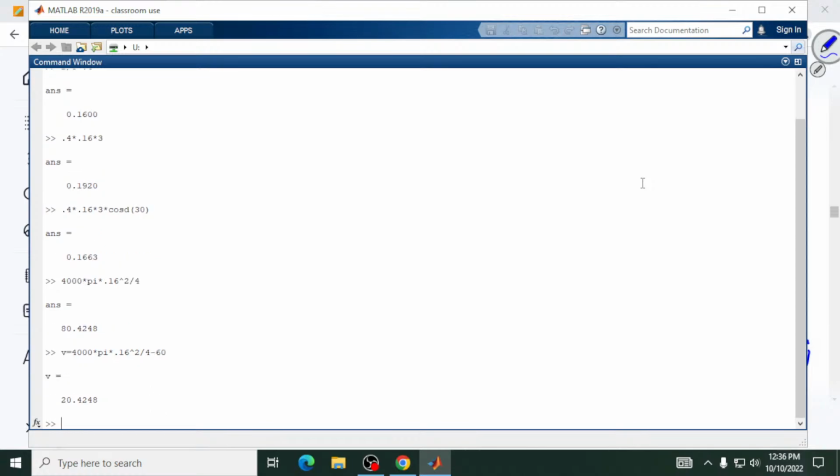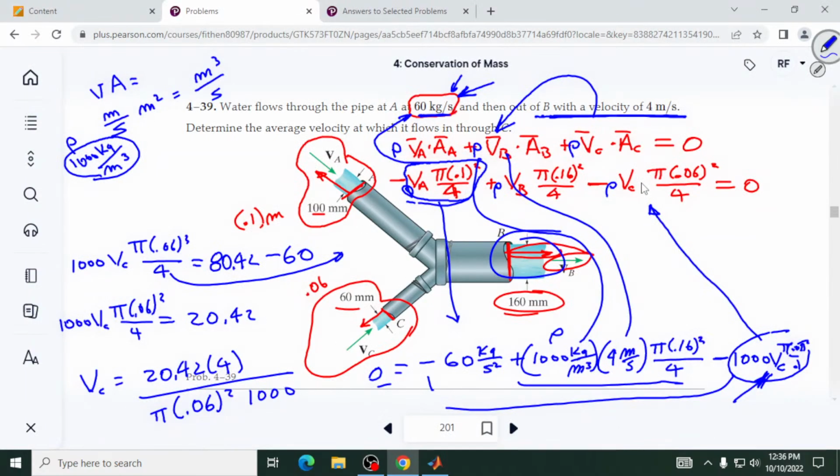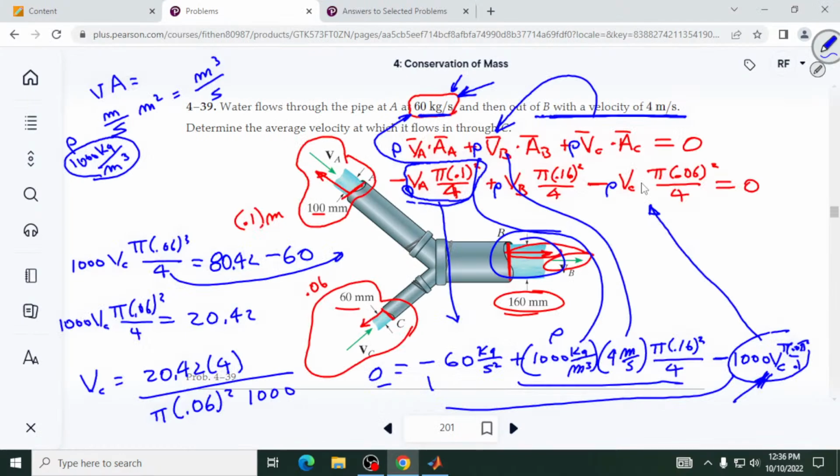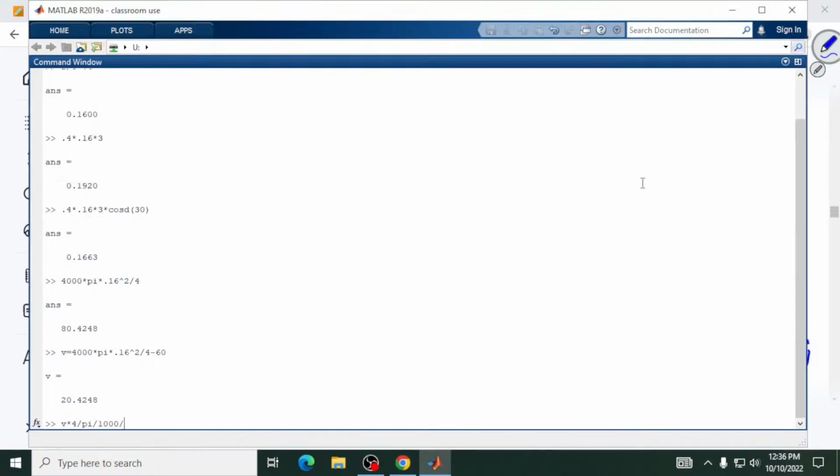So that's the 20. Put that in parentheses or minus? It's a 20.42. Yeah, I'm trying to get the 20. Now I'm going to say V times 4 divided by pi divided by 1,000 divided by whatever that other number was, 0.06 squared. 0.06 squared gives me 7.22.